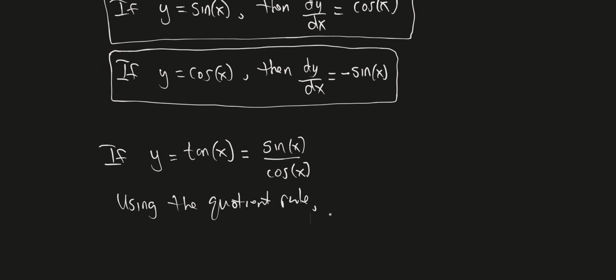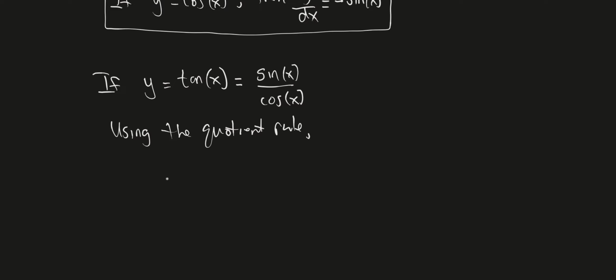So using the quotient rule, dy dx for tangent, let's see what we get. The quotient rule says take the derivative of the top. Well, the derivative of sine, we just proved it, is cosine of x. And then I have to multiply by the bottom, so this is times cosine of x.